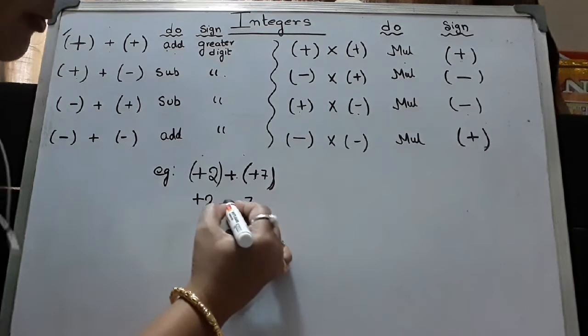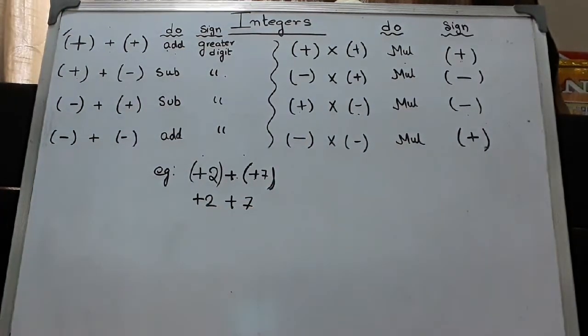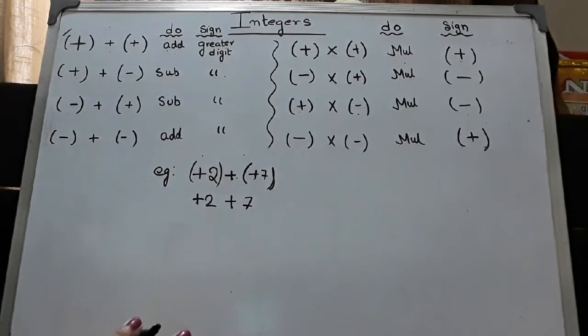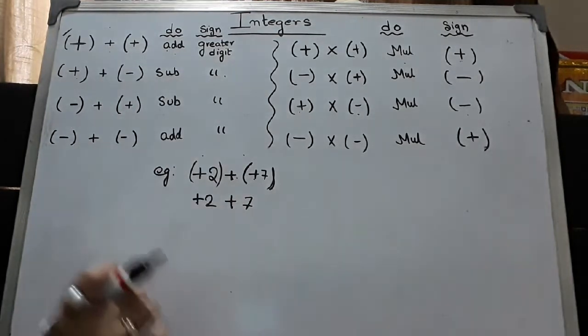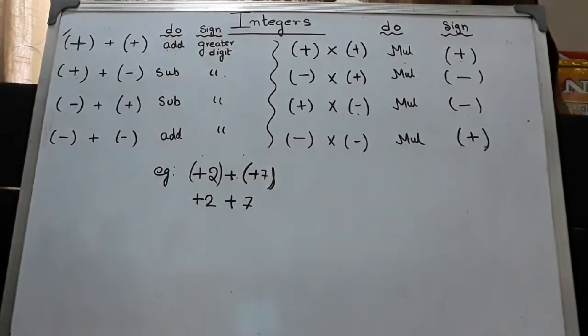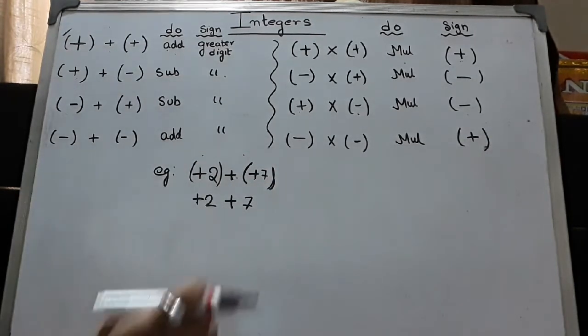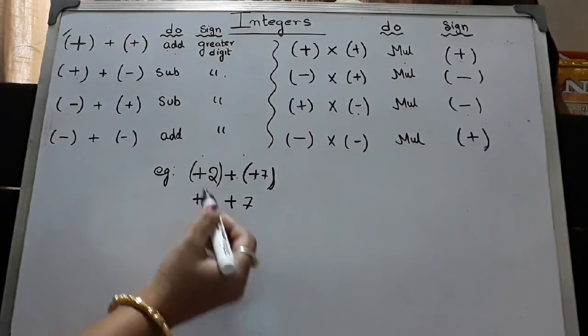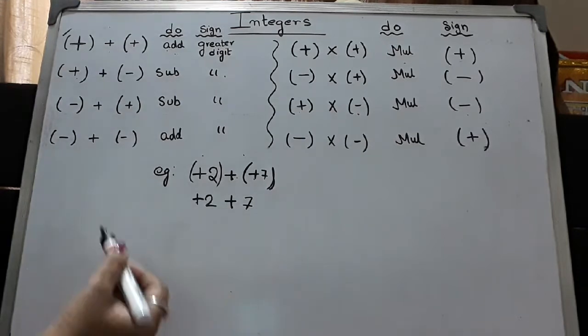So directly plus into plus, you will put the sign plus. Okay? Then plus plus. Now there is no multiplication. Now you have to add. So in every sum, you will find addition, multiplication or subtraction together after chapters, after exercise. Okay? Now plus plus, what you have to do?